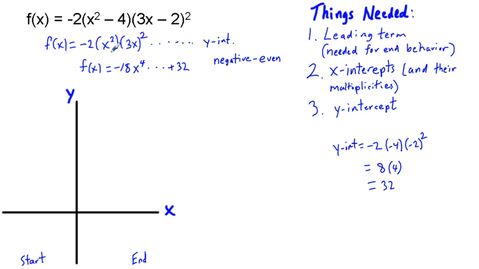And the last thing we're going to need is the x-intercepts. Well, we have this factored form up here partially, and I'm going to rewrite this below.